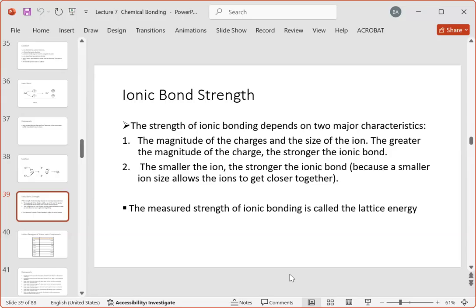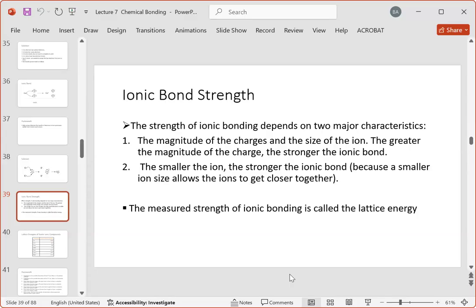And when the atoms are small in size, then the bonding also becomes big. With bigger atoms, the bonding doesn't hold as much as when they are small. So when the atoms are small, the bonding is really tight.